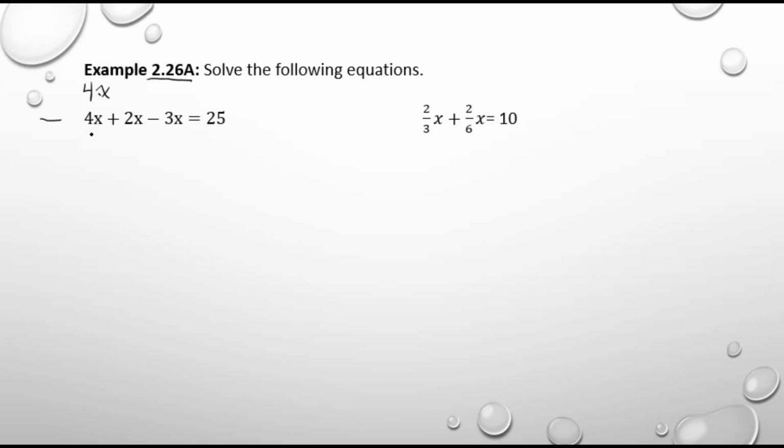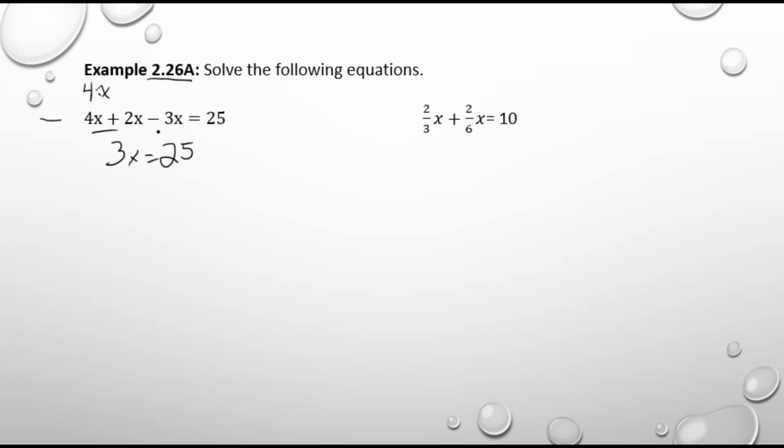So all we're doing here is, consider x like a dog. So I got 4 dogs plus 2 dogs, take away 3 dogs. That's all we're doing, because you just add how many you have of each, and then you just leave the unit alone. In other words, the dogs don't become cats. So I just have 3x equals 25.